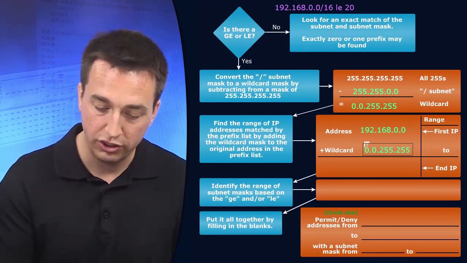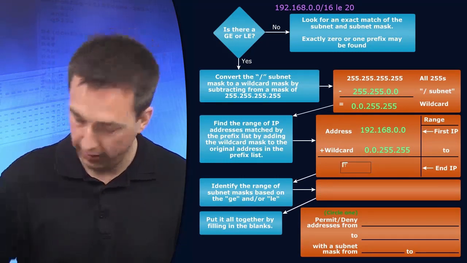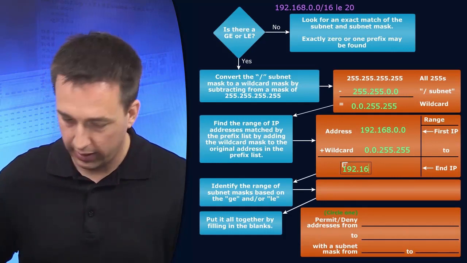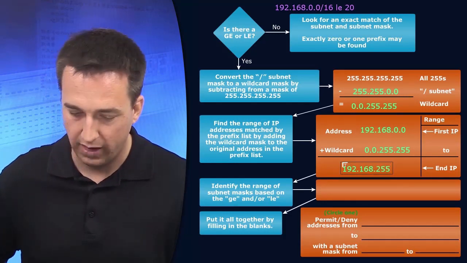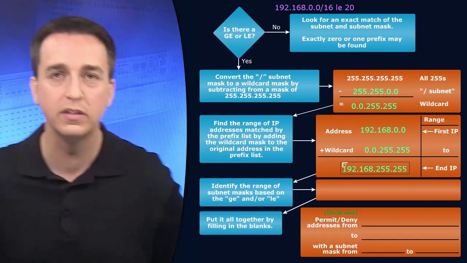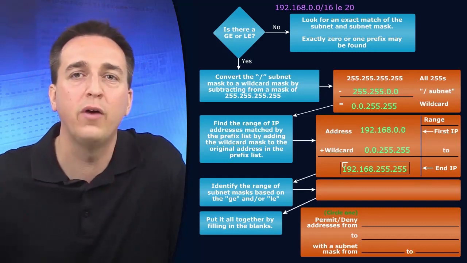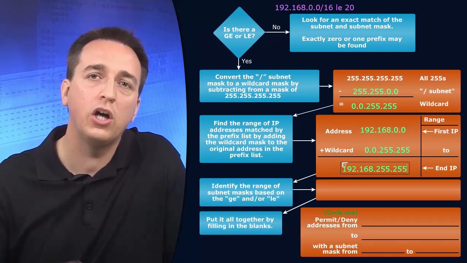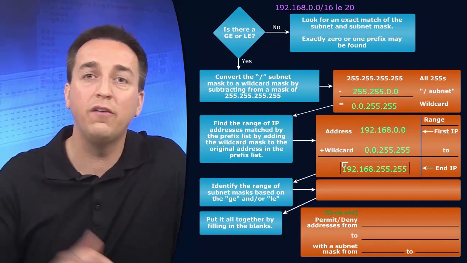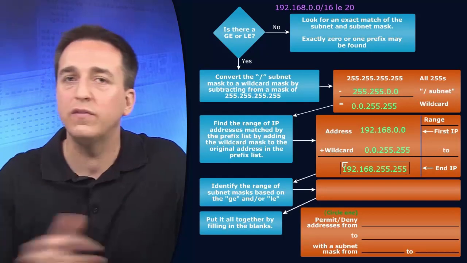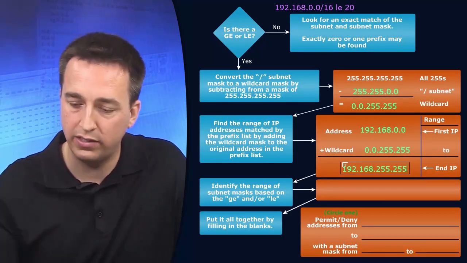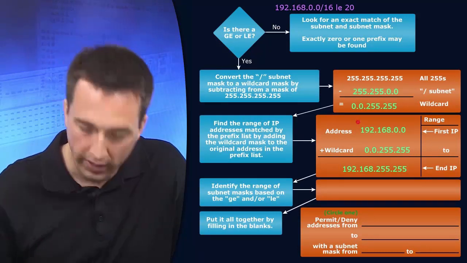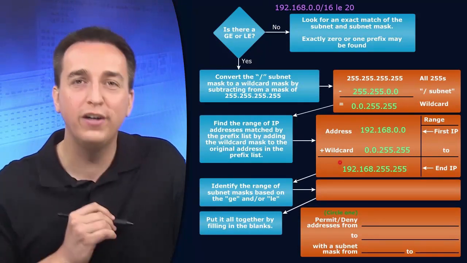Now, when we do the addition, 192 plus 0 is 192. 168 plus 0 is 168. 0 plus 255 is 255, and 0 plus 255 is 255. So this is just like the process of figuring out the range of an access control list. So we know our starting and our ending now. We are defining a range of addresses from 192.168.0.0 through 192.168.255.255.